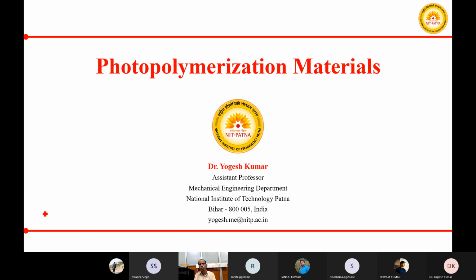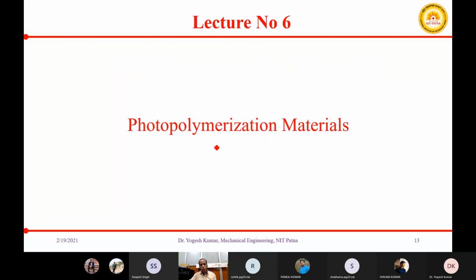These materials are basically called photopolymers, the materials used in wet photopolymerization. So this is our lecture number 4, and in short we will talk about these materials.